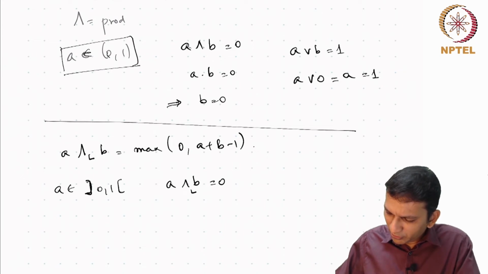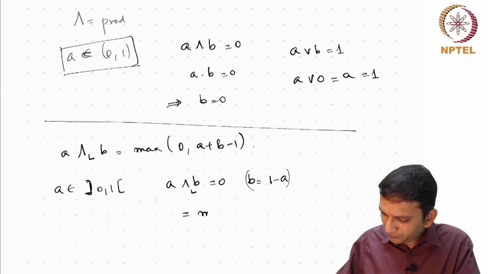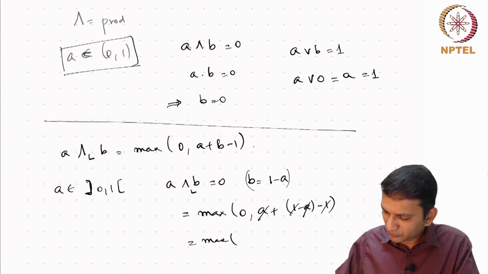Why not try the option B is equal to 1 minus A? So you see here, if B is 1 minus A, then this is actually equal to maximum of 0, A plus 1 minus A minus 1, which is nothing but max of cancel A, cancel minus 1, maximum of 0, 0.